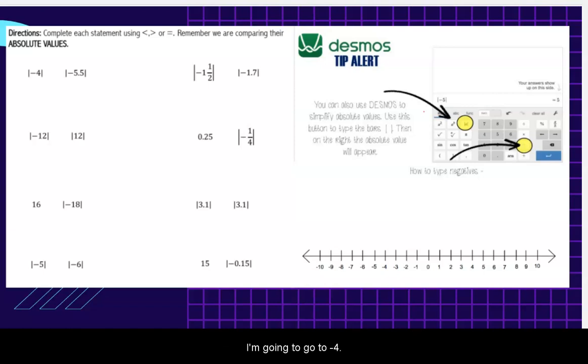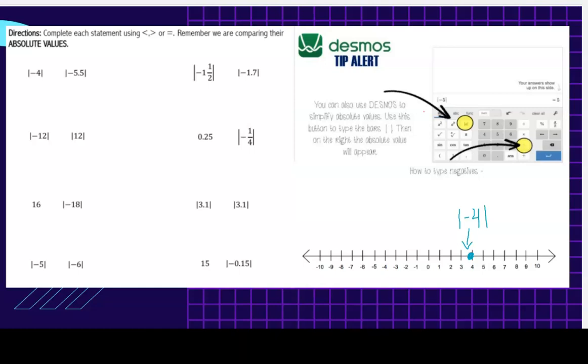I'm going to go to negative 4. But negative 4 is not what I'm comparing. I'm comparing the absolute value of negative 4. So I'm actually going to plot my point here. Because the absolute value of negative 4 is going to be equivalent to positive 4 because absolute value is always positive.